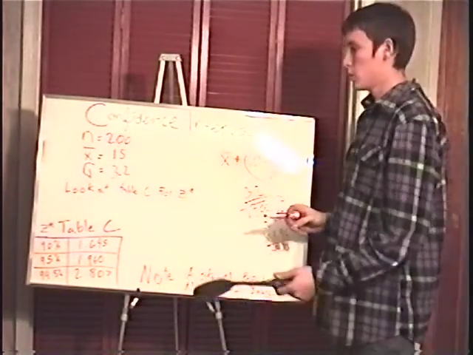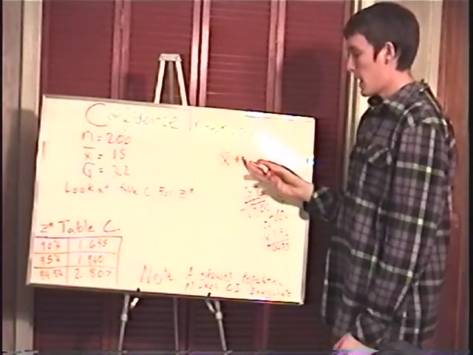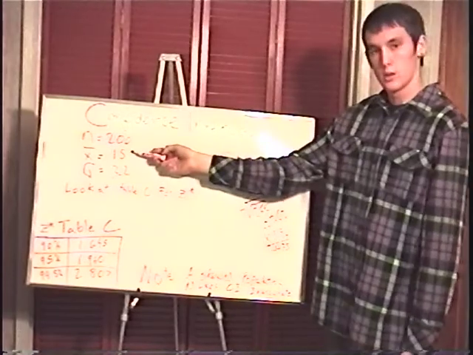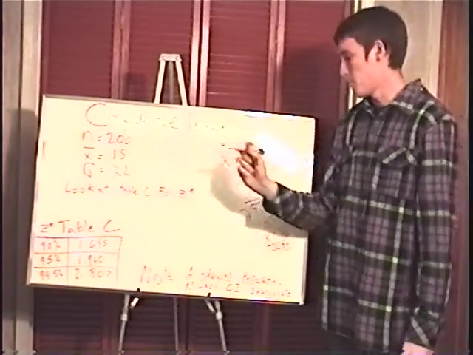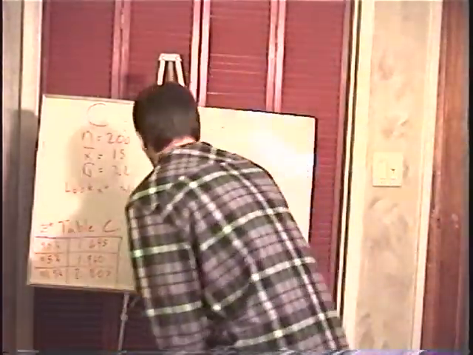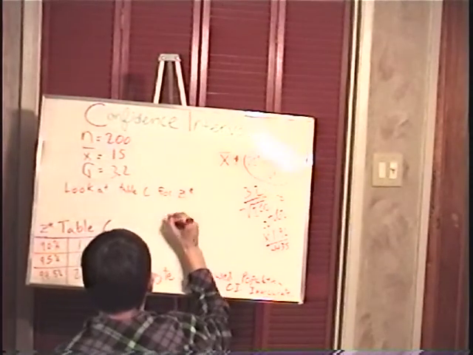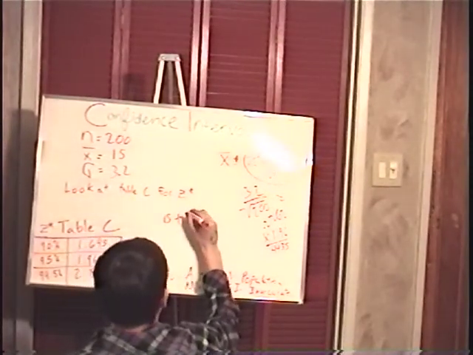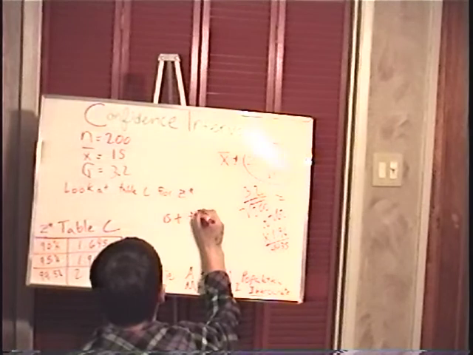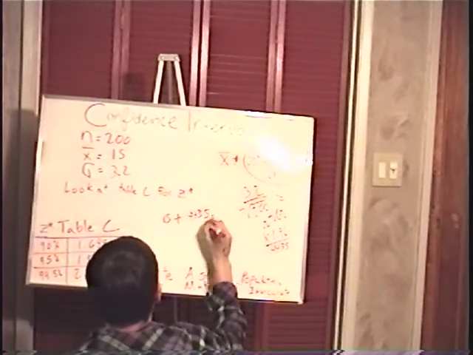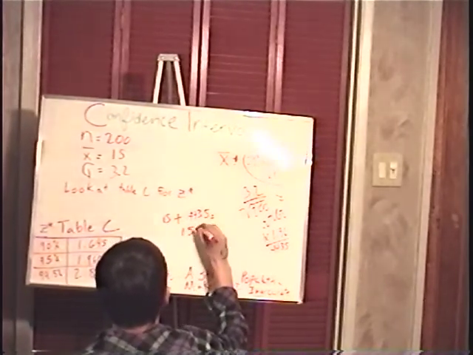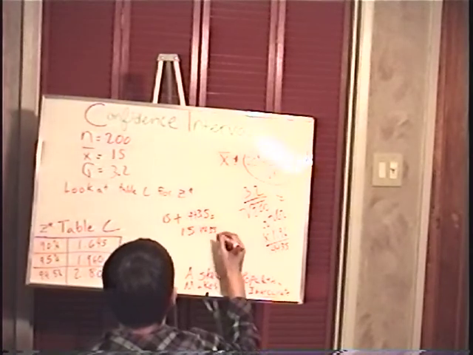Now, all you have to do is add and subtract it from your sample mean. When you take 15 plus 0.4435, it equals 15.4435.